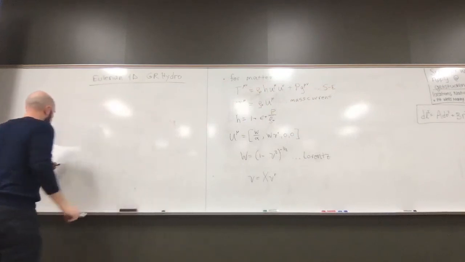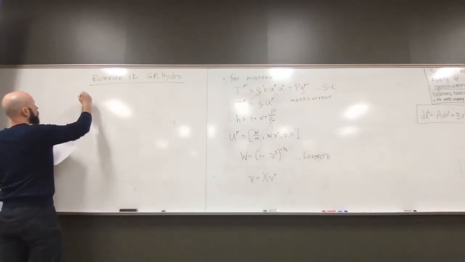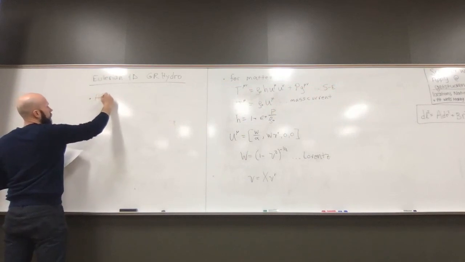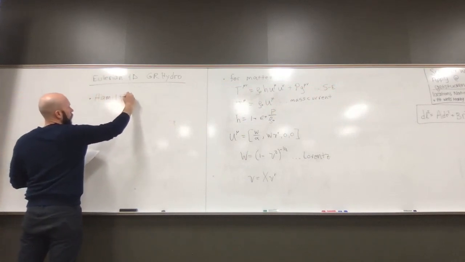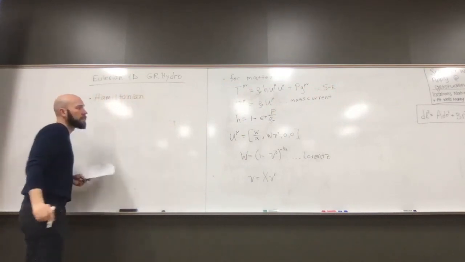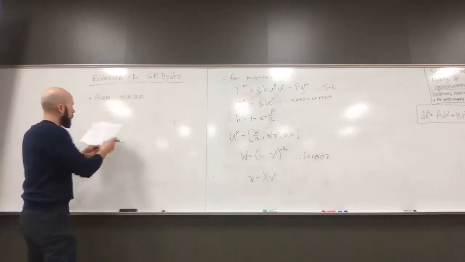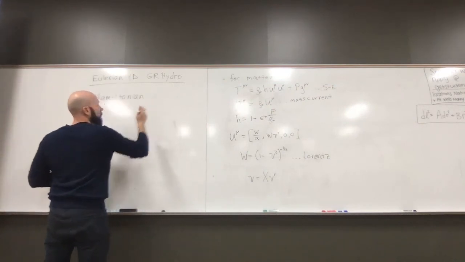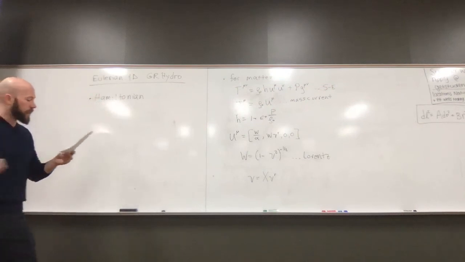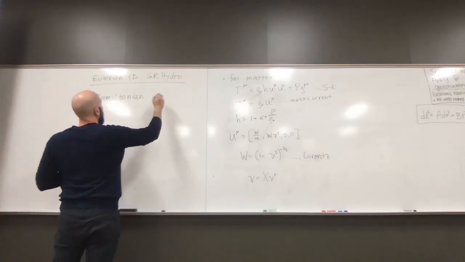Okay. Using the Hamiltonian constraint, we can derive an equation for the gravitational mass with all of these conditions that we've met here. I haven't actually specified the gravitational mass as what I had before.